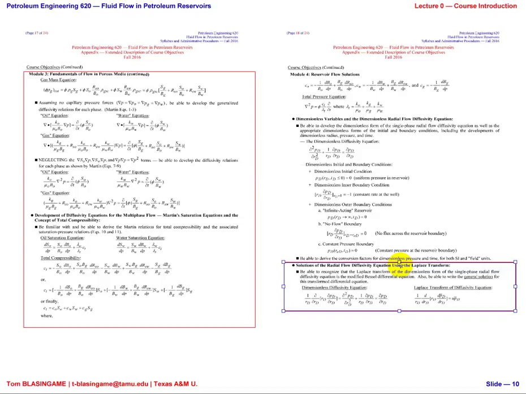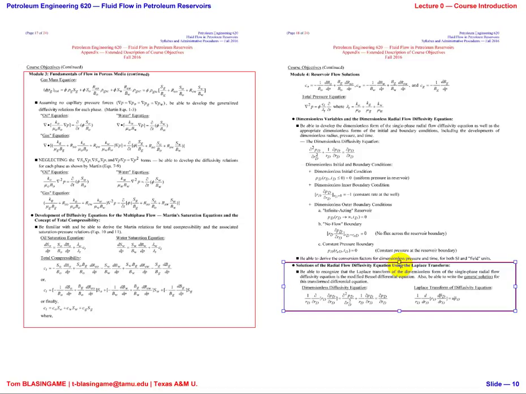Right, but that is where the inner boundary is, but what kind of condition would be best there? Constant pressure, constant rate? You choose. Which one do you think is going to be easier? Constant rate. Okay.